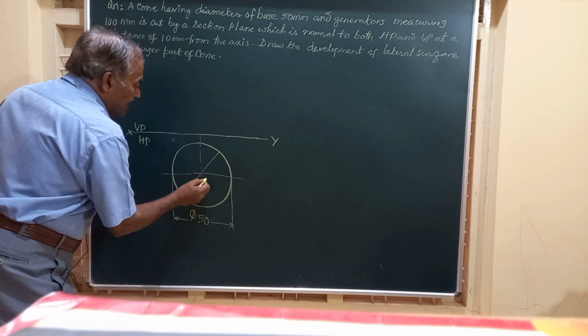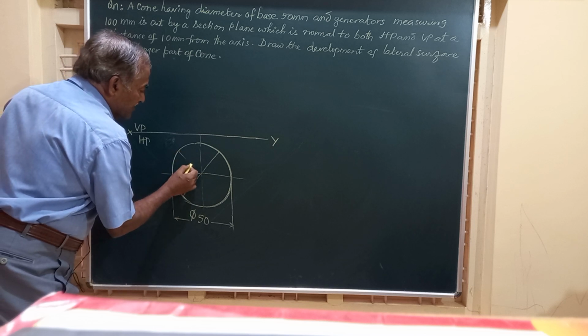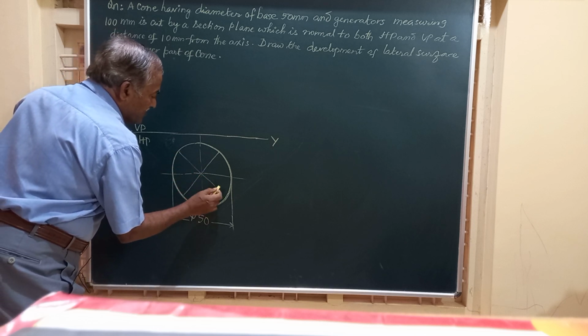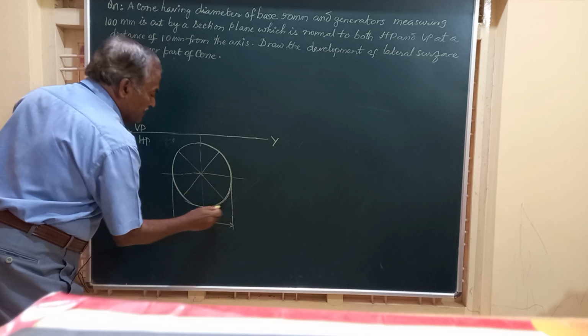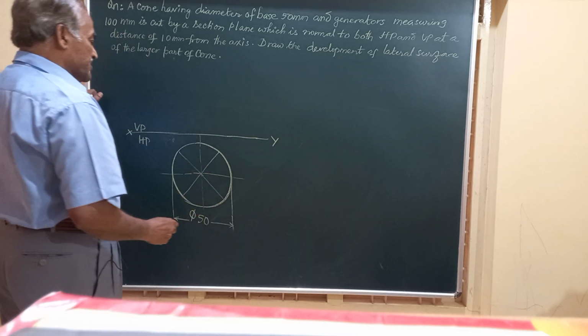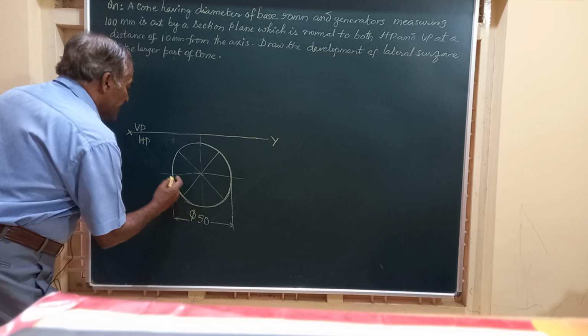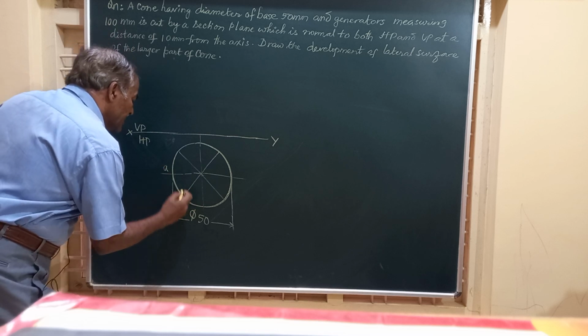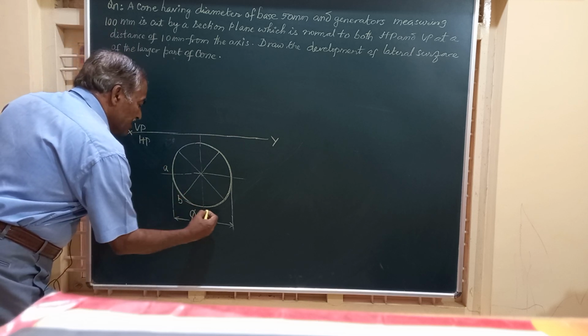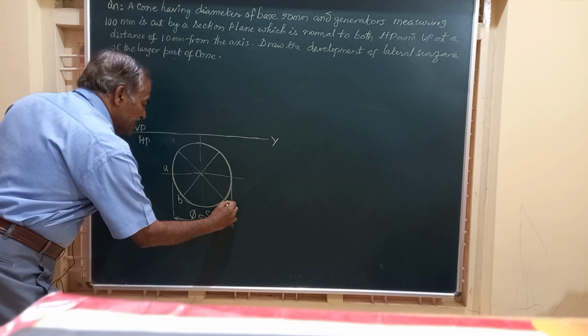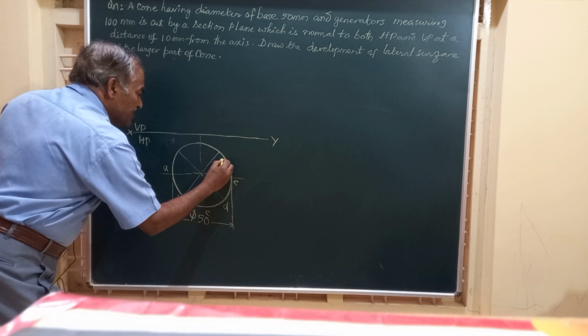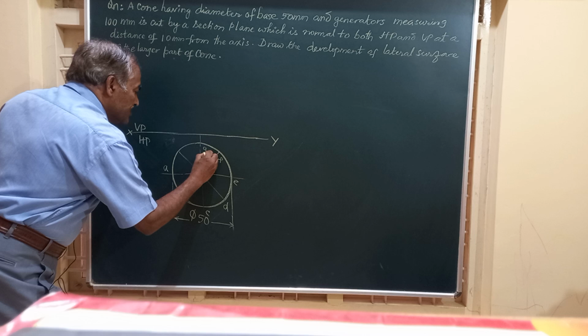So again another line perpendicular to that, which will lead to the division of this into 8 equal parts. Friends, here let me mark this as A, B, C, D, E, this is F, this is G, and this is H.